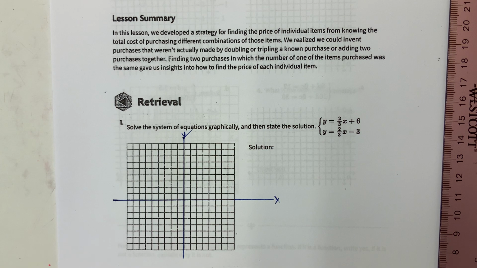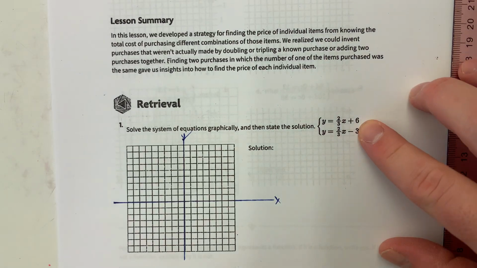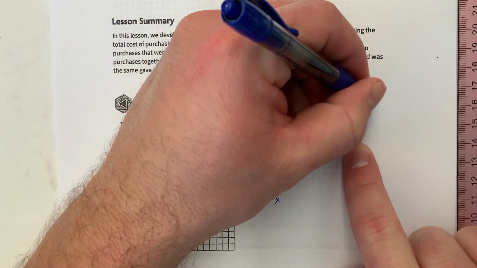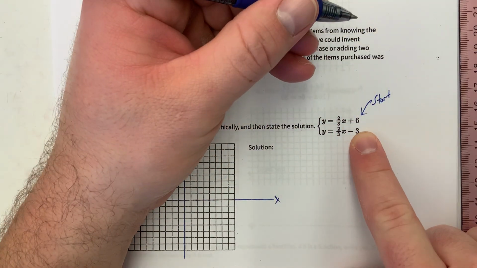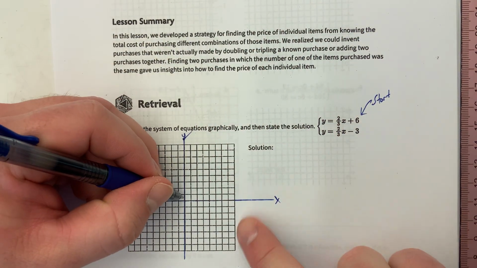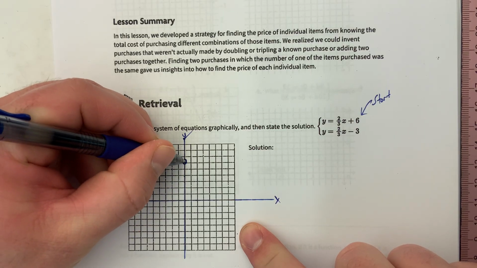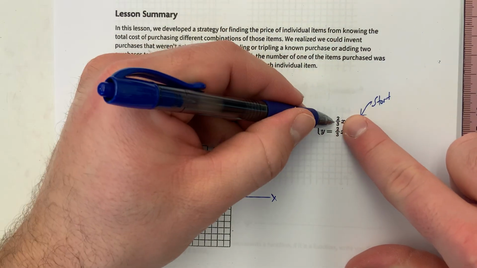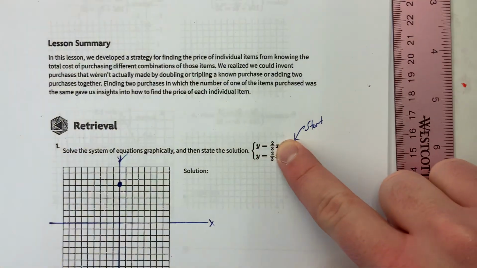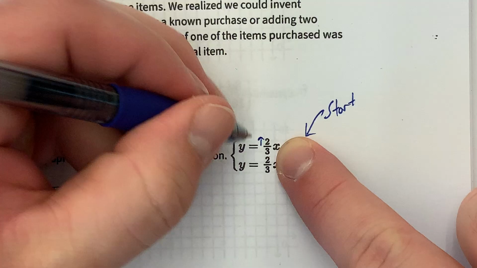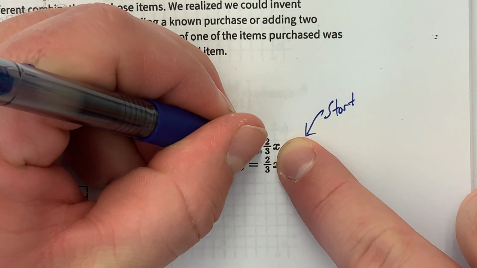For those not pausing, we're going to start here at the end. This is our starting value. So we're going to start there. 1, 2, 3, 4, 5. There's our start. This fraction tells us that we're going to go up this many and over this many.